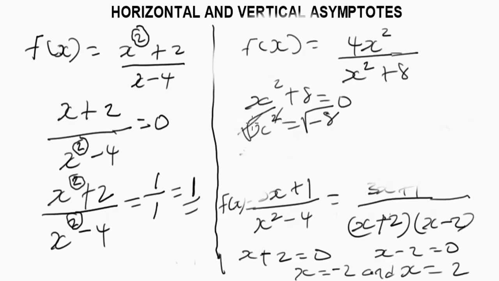But you cannot find the square root of a negative number. When you punch it in a calculator, you're going to have a syntax error. So it does not exist. That means this function does not have a vertical asymptote. The answer will be no vertical asymptotes.